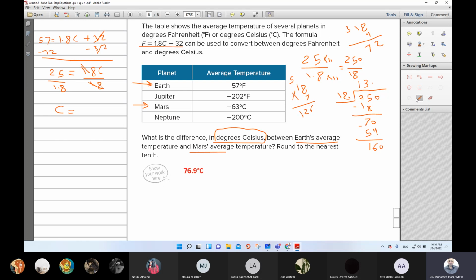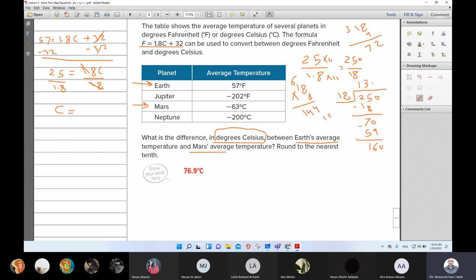We want greater, so try 8: 8 times 18 is 144.